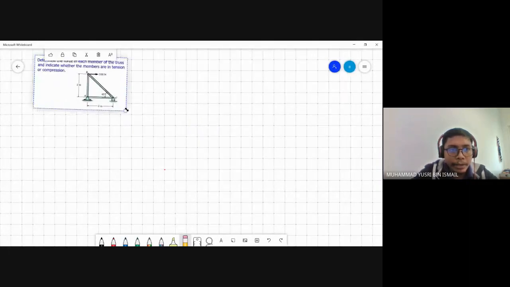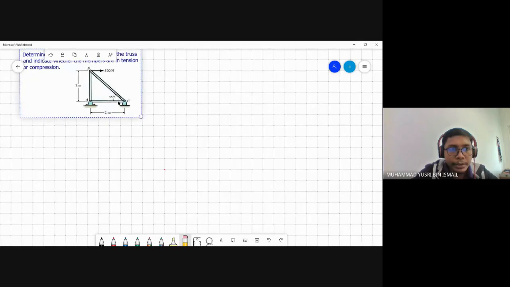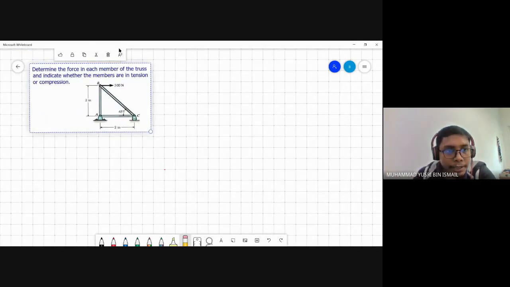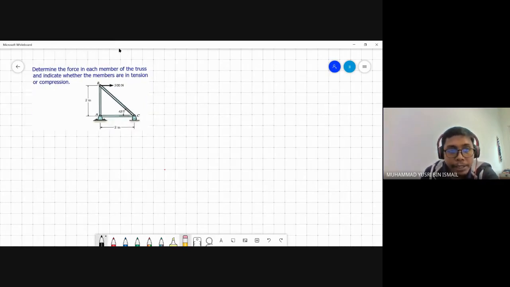Determine the force in each member of the truss and indicate whether the members are in tension or compression. So we need to determine the forces FBC, FCA, and FAB, and also whether the force acts in compression or in tension.